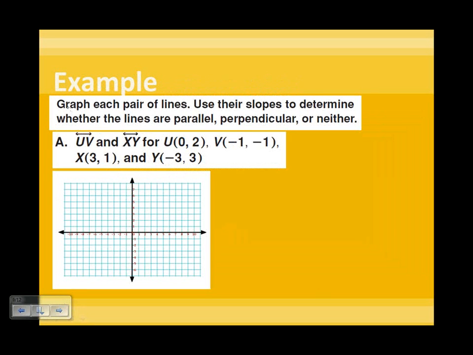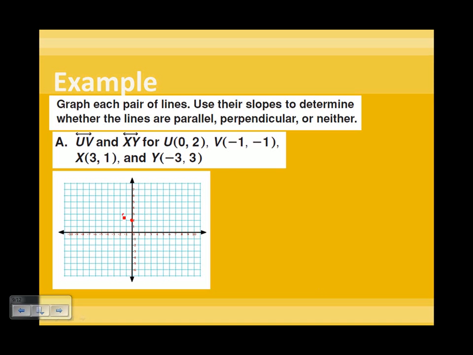So we can use these to graph each pair of lines and use the slopes to determine whether the lines are parallel, perpendicular, or neither. Same slope, parallel; product of their slopes -1, perpendicular; and if neither of those is true, then they are neither parallel nor perpendicular. So UV and XY, those are the two lines we're going to take a look at. So U is at 0, 2.